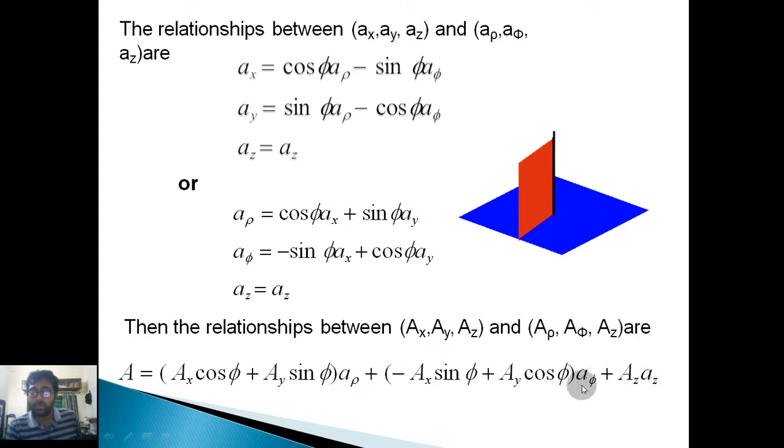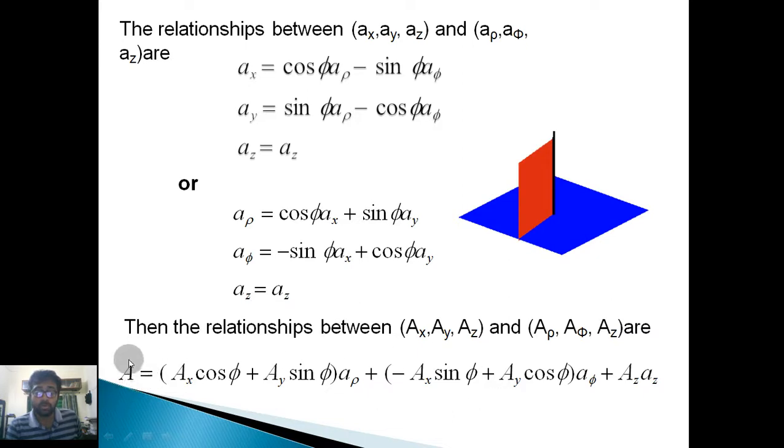Now the value of a suffix phi has been determined as this. This is the value along the phi axis, and this is the value along the rho axis, and this has been described using a suffix y and a suffix x, and this is also the same case. Using these three things, we will describe the value of vector A along the cylindrical coordinate system.